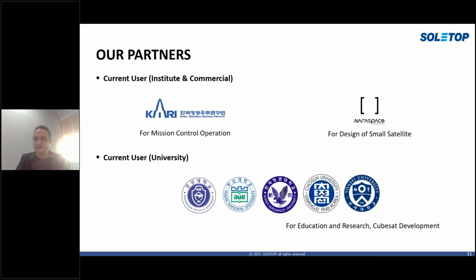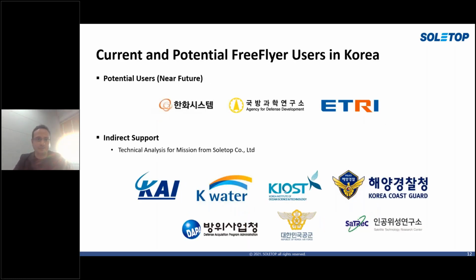Nara Space is another small satellite partner, and we design small satellites together. And we have a league of universities. As I mentioned, FreeFlyer is implemented in most of the universities here in Korea, and these are some of the research and education-based CubeSat development universities. These are our current and potential near-future partners.